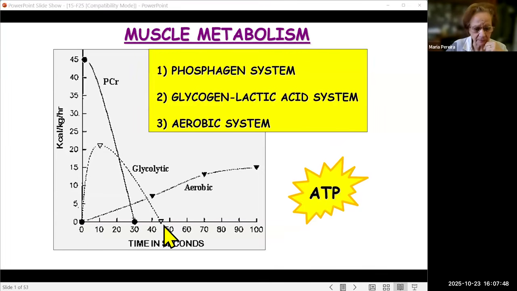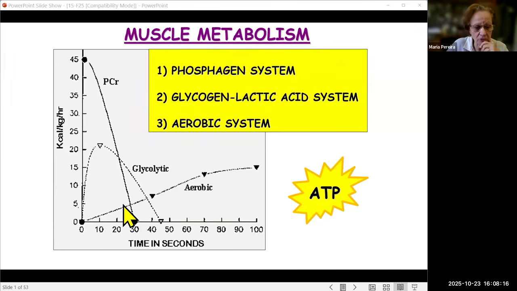And this glycolytic pathway that does not require oxygen, so it's anaerobic, is enough for muscle contraction for about 45 seconds. After 45 seconds, if this would be the only mechanism by which a muscle fiber could get ATP, the muscle fiber would be out of ATP, would be fatigued.